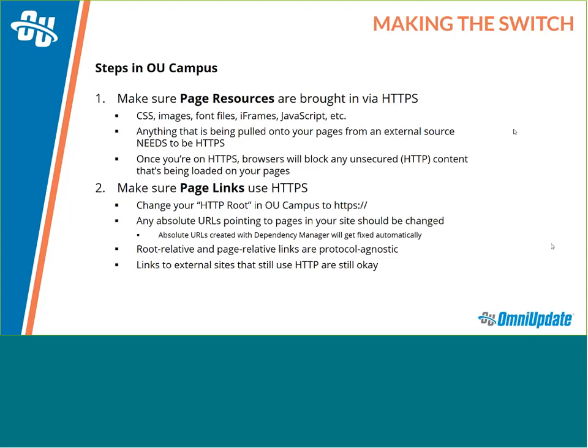If you are sending a user away from your page and sending them to another page that does use OU Campus, or that doesn't use OU Campus and doesn't use HTTPS, those are still okay. Eventually they'll probably make their transition, and then it's kind of on them to make sure that links pointing to those files are good to go.